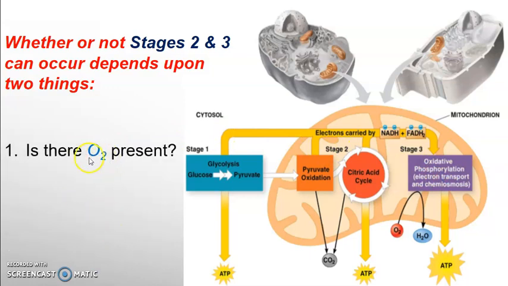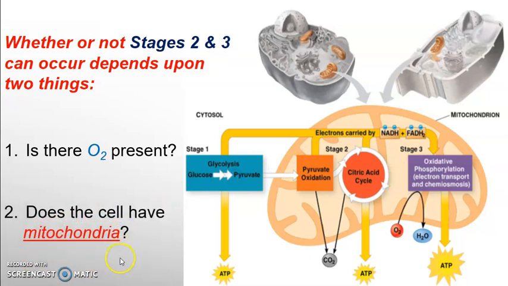Number one, oxygen must be present to do all three stages of cellular respiration. Oxygen is actually needed in the third and final stage of oxidative phosphorylation. If oxygen isn't present, nothing after glycolysis occurs. And secondly, do you have mitochondria present within the cell?